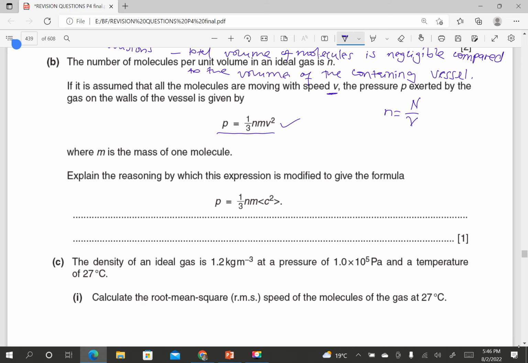In a real gas, molecules move randomly with a range of velocities. So we must take an average of their velocities or of their speed. That's why we come up with this.